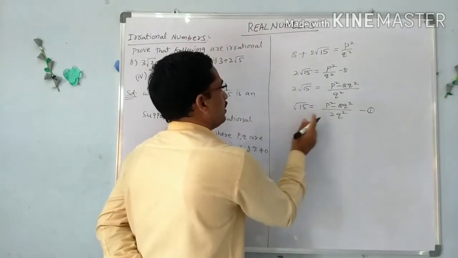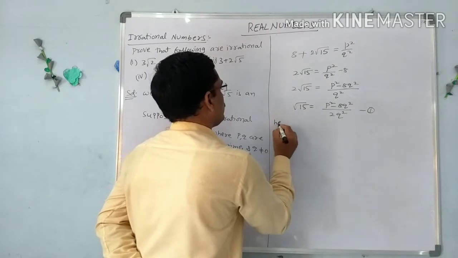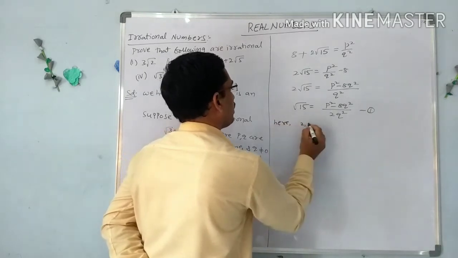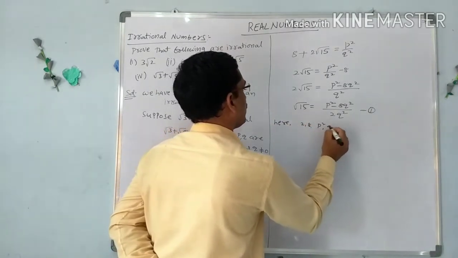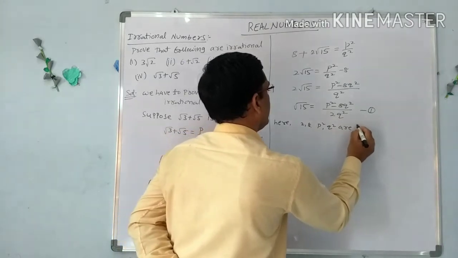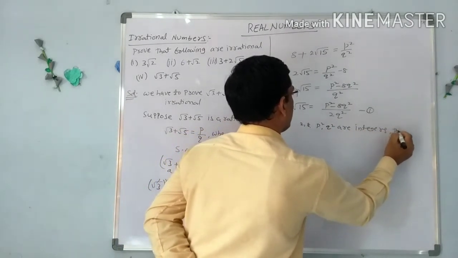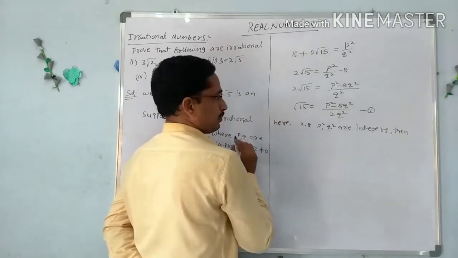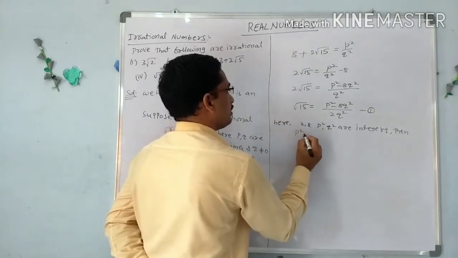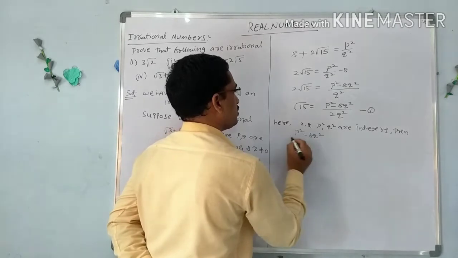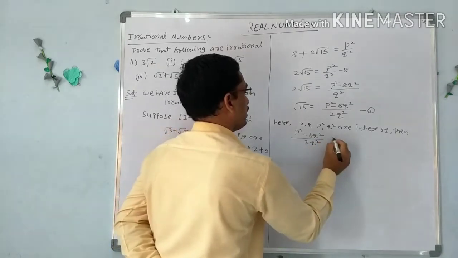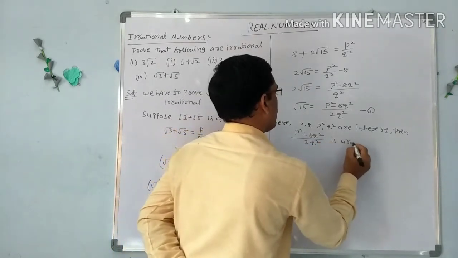See, here 2, 8, p square, q square are integers, then p square minus 8q square by 2q square is a rational number.